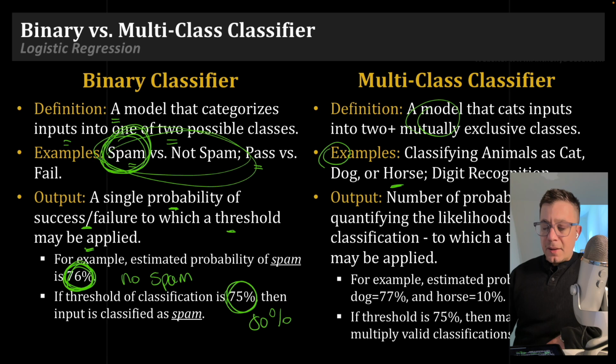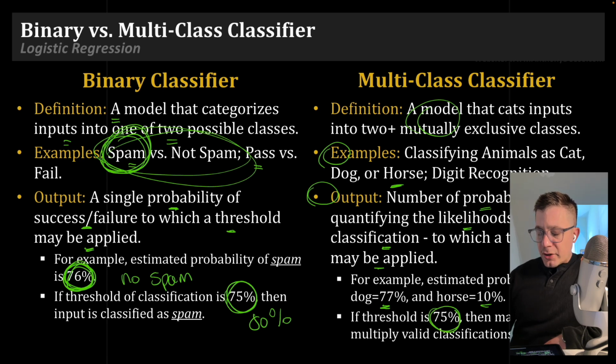Now, if we take a look at the multi-class classifier, the output would be a little bit different. We would get a number of probability values, quantifying the likelihoods for each classification, to which a number of thresholds may be applied. So let's say our tool is looking at a picture and it generates the following probabilities: 81% probability that something is a cat, 77% probability that something is a dog, and 10% probability that something is a horse.